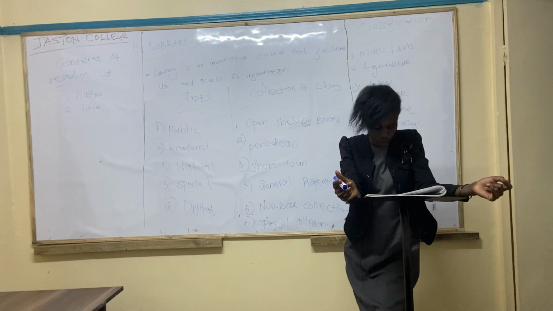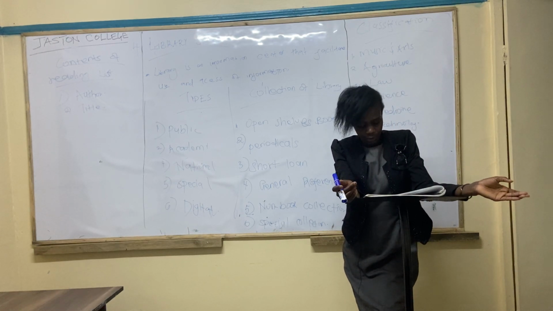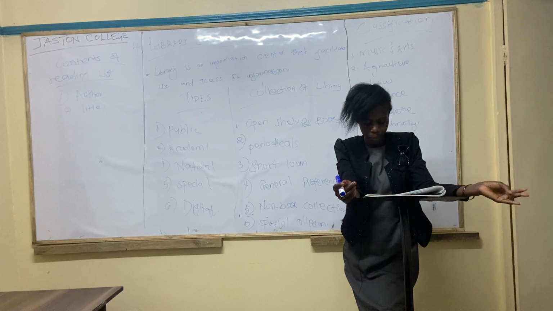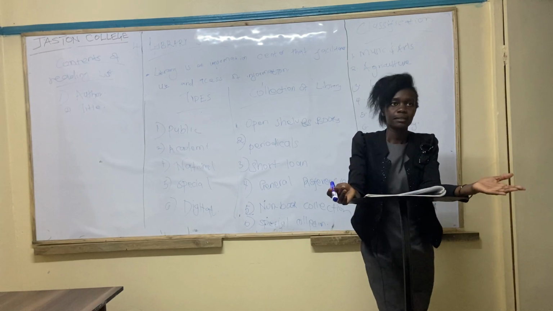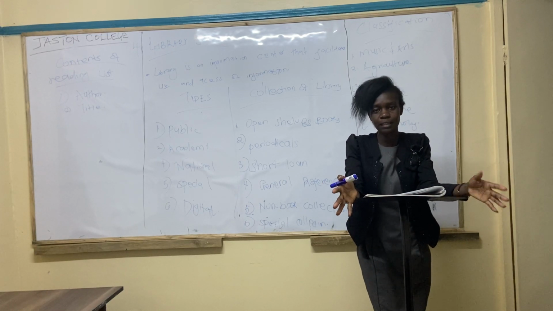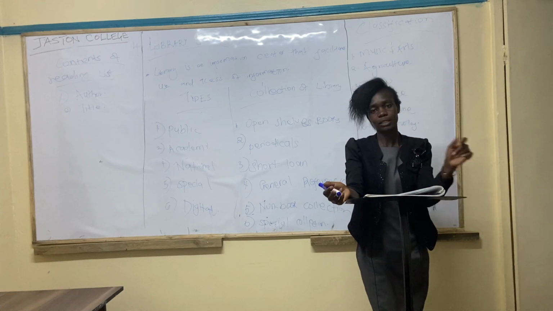And corporate author, this is when a book has been written as a result of combined efforts of people working in an institute or an organization. Let's say people working in Kenya Power come together and decide to write a book. So that's the meaning of corporate author.